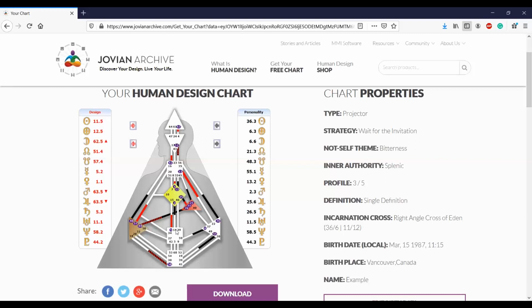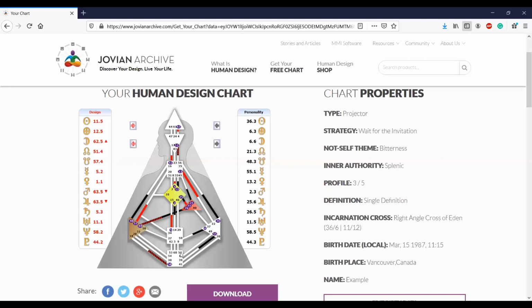Each center has gates. A gate is this number here. These gates are connected with other centers through channels. These lines are called channels. A channel is formed when two gates connect with each other. So this is a defined channel, and the white one here is undefined, the same thing as we had with centers.